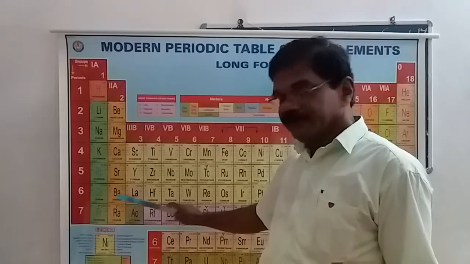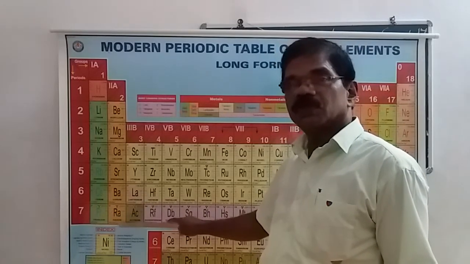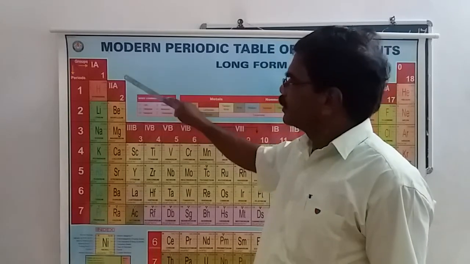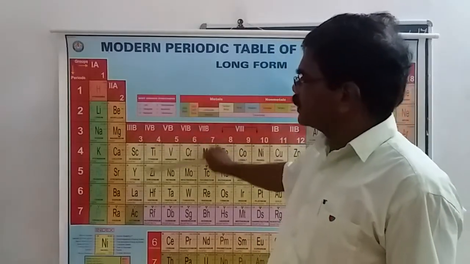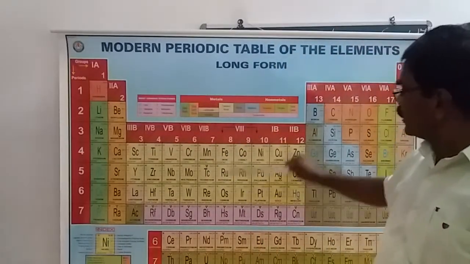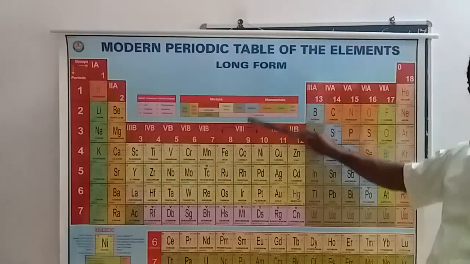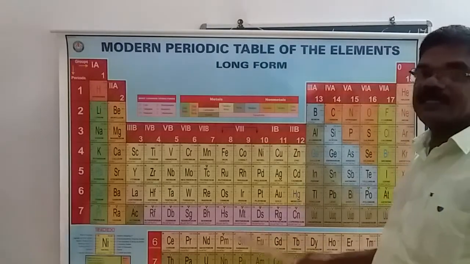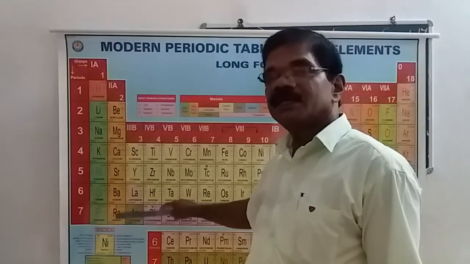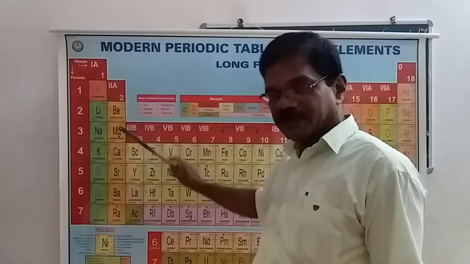So radium gives electrons very easily, so it is more reactive. In the case of metals, reactivity increases from top to bottom in a group.